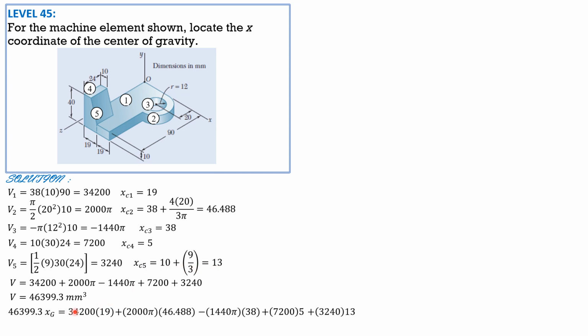From there we can now solve for xg, and xg is equal to 18.28 mm. So that's it for this problem.